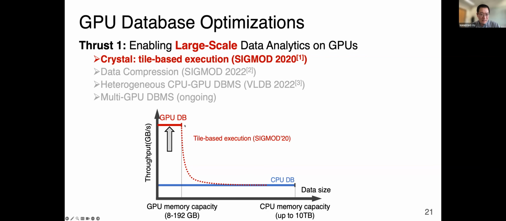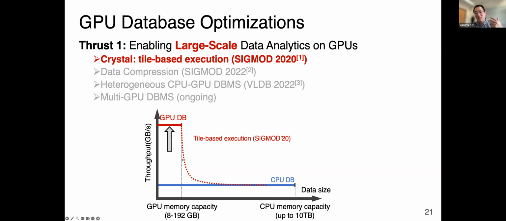But when your data does not fit in GPU database anymore, you can either just run everything on CPU and then you have your CPU DB throughput. Or naively, you can say, whenever I read the data, I just load the data from CPU to GPU through PCIe. If you don't do it carefully, that can actually kill performance because the PCIe bottleneck has much lower bandwidth than the GPU memory.